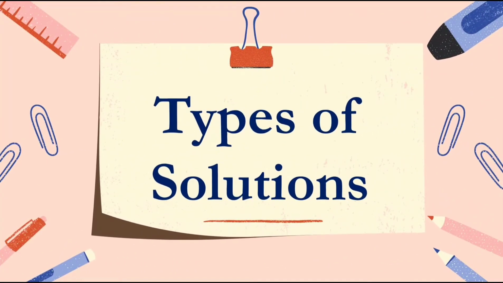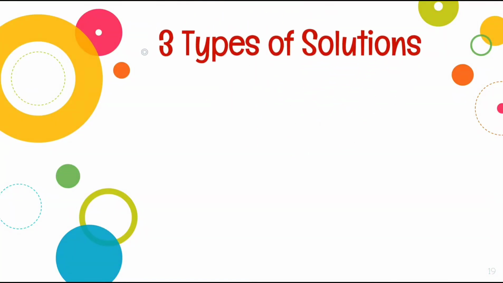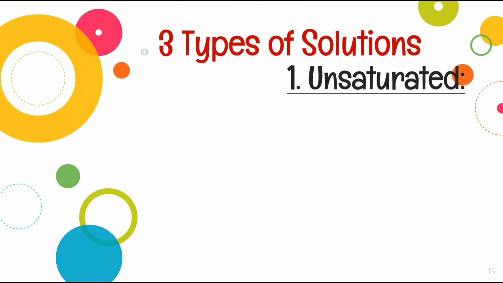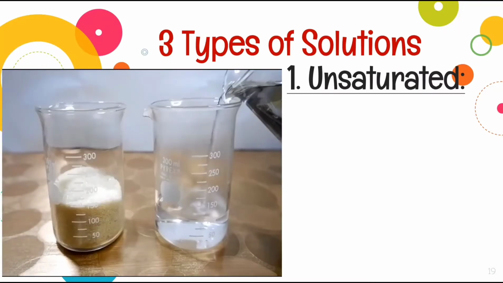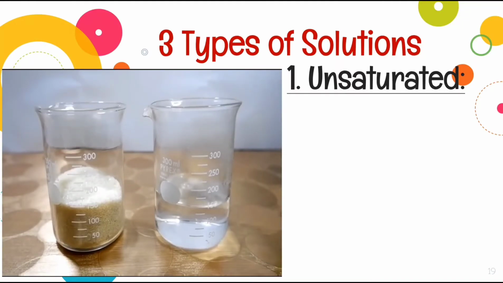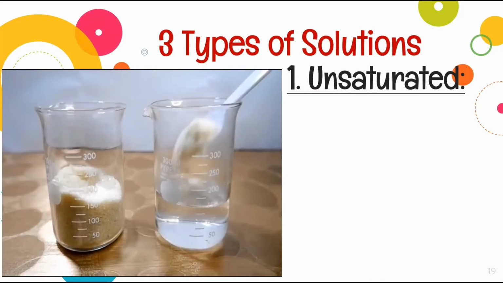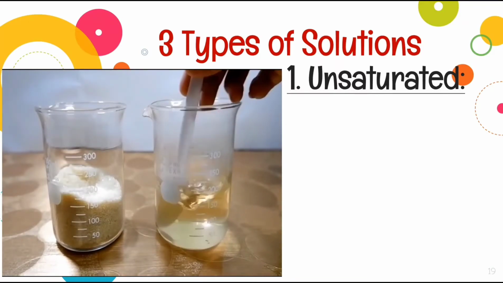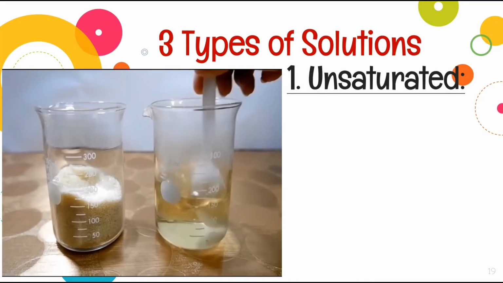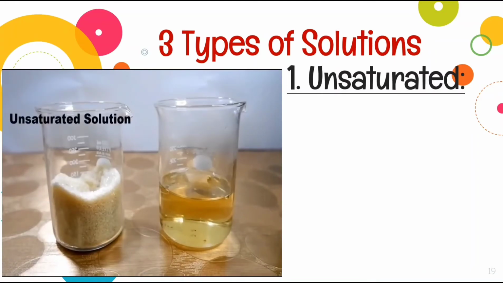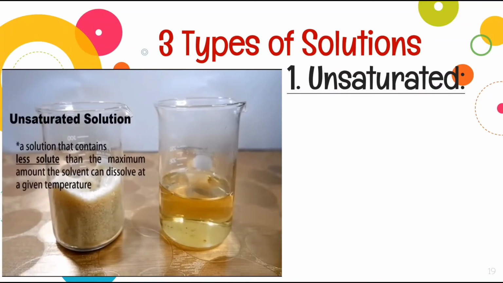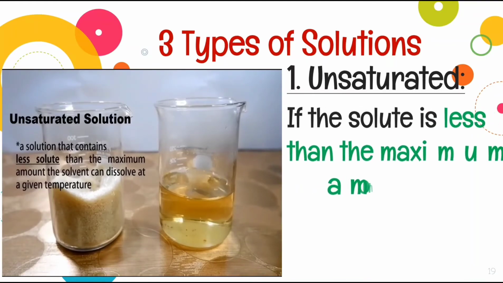Types of solutions. Here is an experiment about the 3 types of solutions, based on the amount of dissolved solute in a solvent. An unsaturated solution is a solution that contains less solute than the maximum amount the solvent can dissolve at a given temperature.